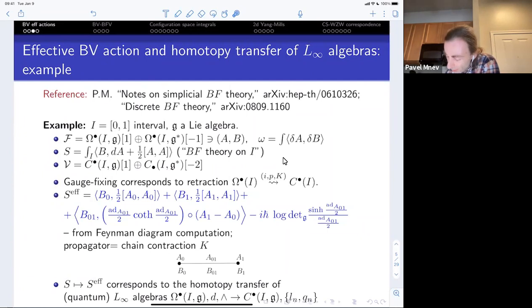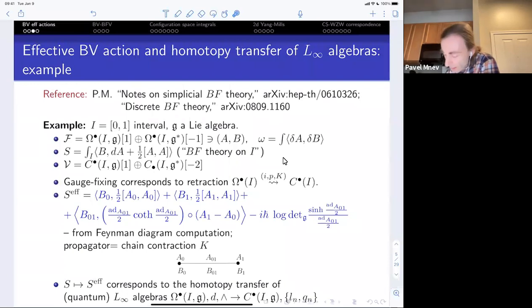Then there is a chain contraction, a deformation retraction of differential forms to cell cochains, given by a triple of maps: the inclusion of cochains into differential forms by Whitney forms, so linear zero forms and constant one forms; the projection by integrating over cells; and a certain explicit simple chain homotopy operator acting on differential forms, contracting differential forms onto the image of cochains.